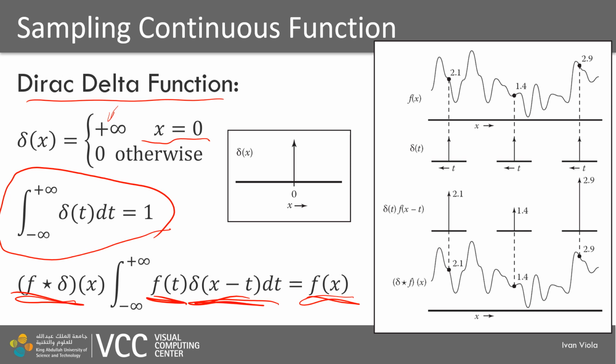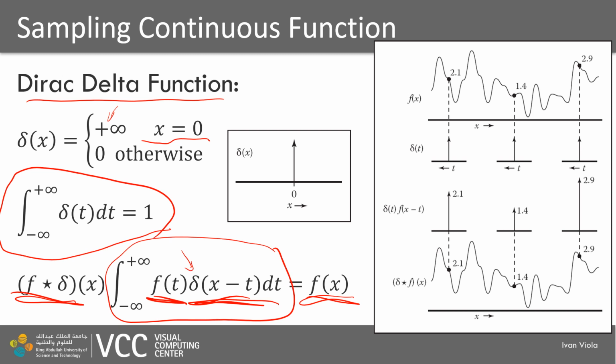Why isn't it the case that we are just multiplying it with 1 as it was in the discrete case? Well, if we are reformulating this convolution here, then on an infinitely small interval, this delta is non-zero.